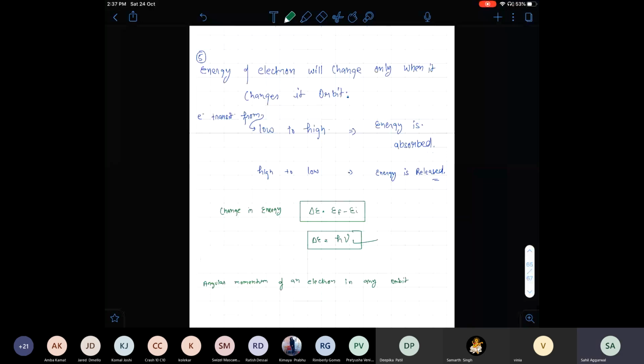In that particular energy, what will be the frequency? That can be calculated by this formula. Once you know the energy, divided by h, you will get the frequency. Okay, Komal.